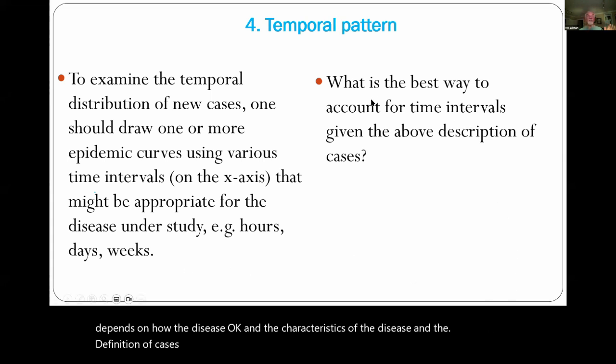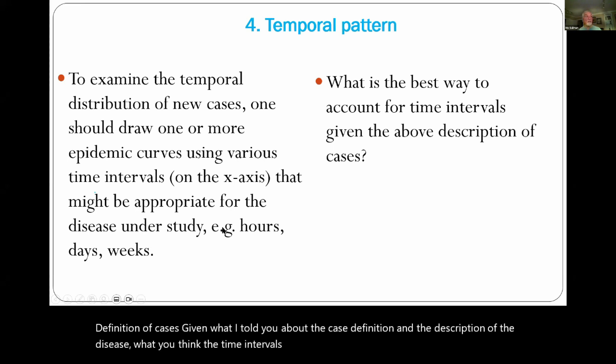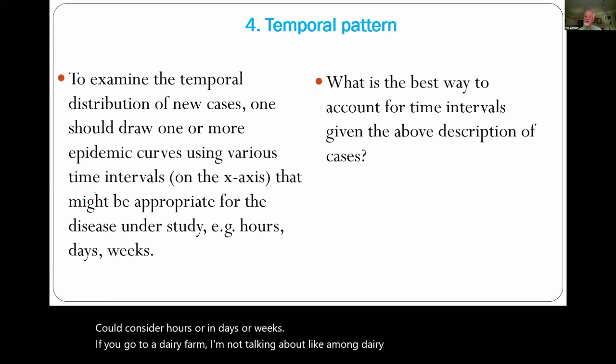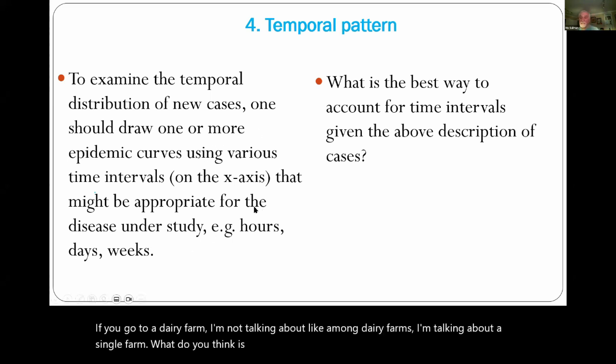Given what I told you about the case definition and the description of the disease, what do you think the time intervals here should be? You could consider hours or days or weeks. If you go to a single dairy farm, not among dairy farms, what do you think is the best way to consider that in an epidemic curve?